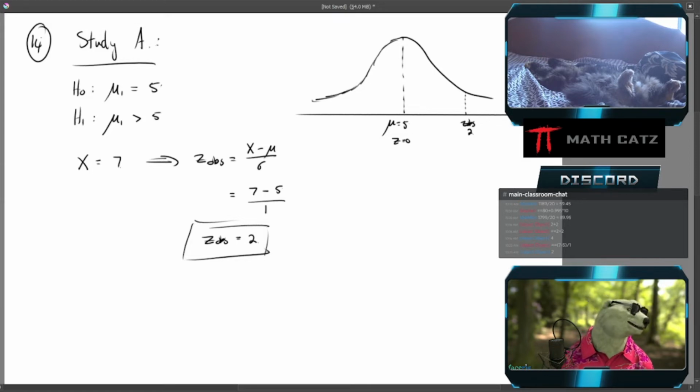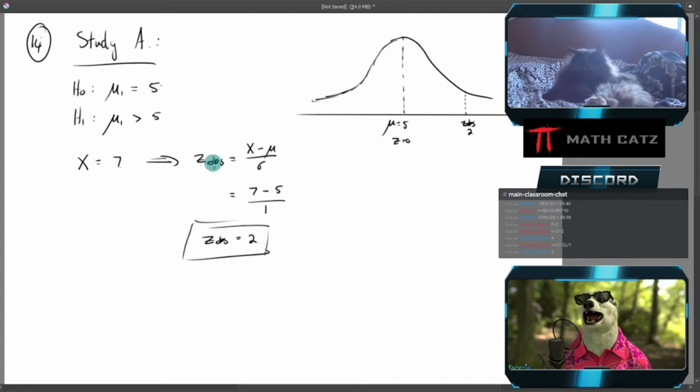But the main idea behind hypothesis testing is, well, is this observed score considered extreme enough to suggest that the true population, by way of its mean, its position, is in fact not the 5 I thought it was? When do we consider it extreme enough or rare enough to take it as strong enough evidence to suggest that the population mean isn't actually 5?